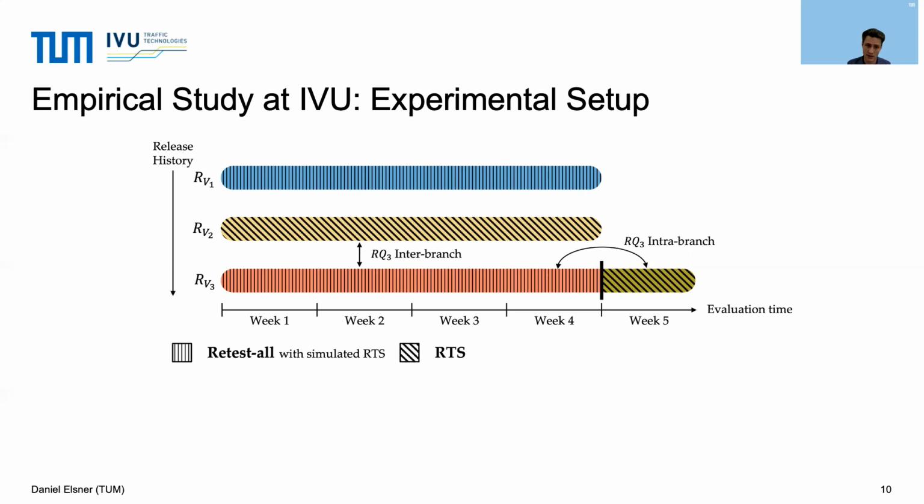But to limit the threat of validity stemming from this inter-branch comparison, we also perform an intra-branch comparison. And for this, we actually run RTS in the 5th week of our evaluation period and compare the execution time to the 4 weeks before. This way, we minimize the risk of an evaluation bias while not having to execute both retest all and all selected tests for a single pull request CI run.